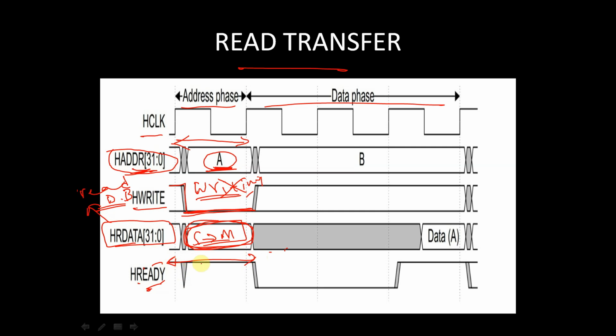So even though HREADY is high, no reading is transferred. That is, the master cannot read any information from the slave during the address phase.